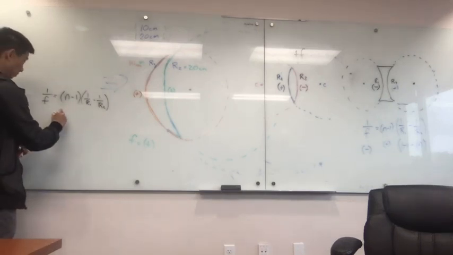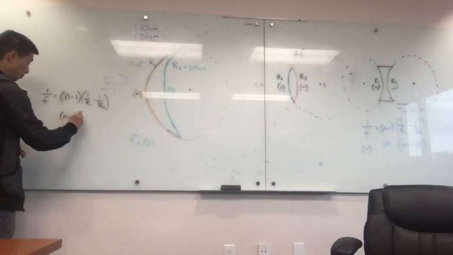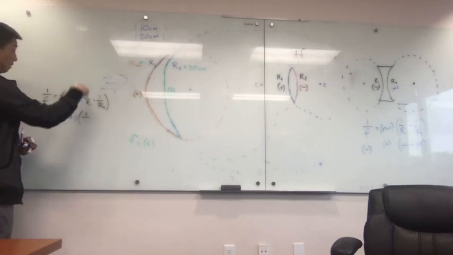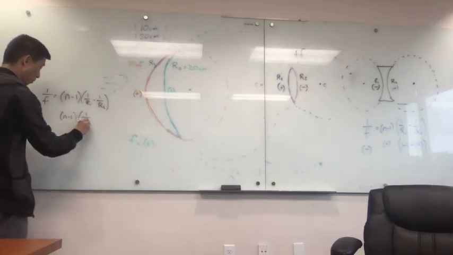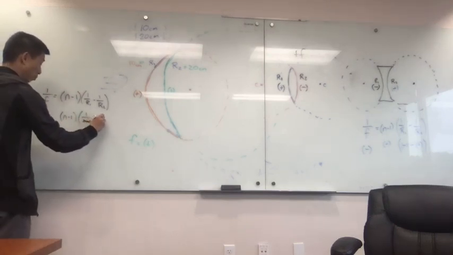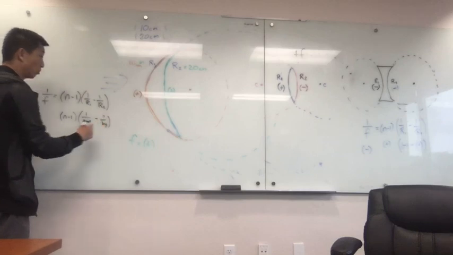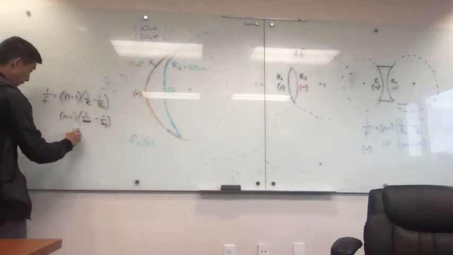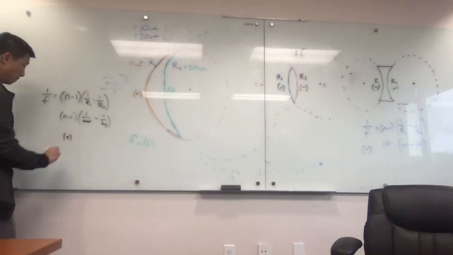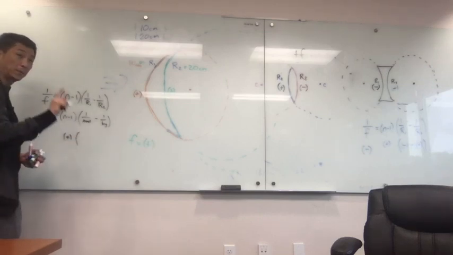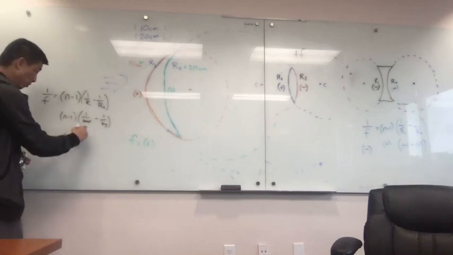R1, so it's n minus 1 times 1 over R1, we decided is a smaller radius of curvature. So that's 1 over a smaller number, minus 1 over a bigger number, because R2 is the bigger radius of curvature. And that gives me n minus 1, which we already know is a positive number, times something that is 1 over a small number, which is a bigger number.